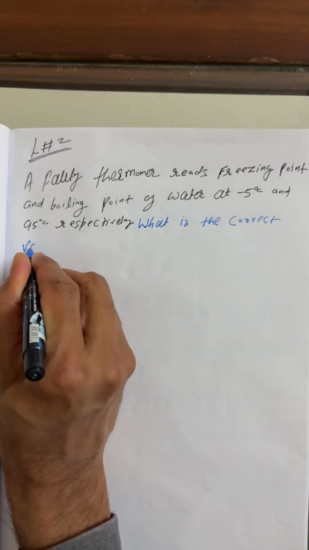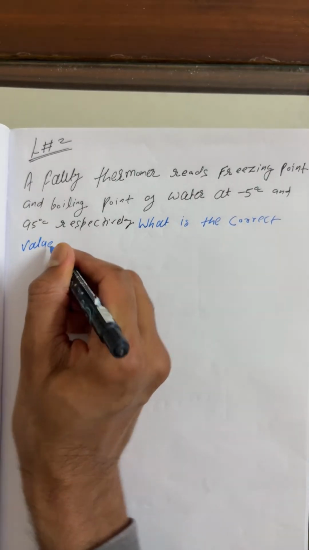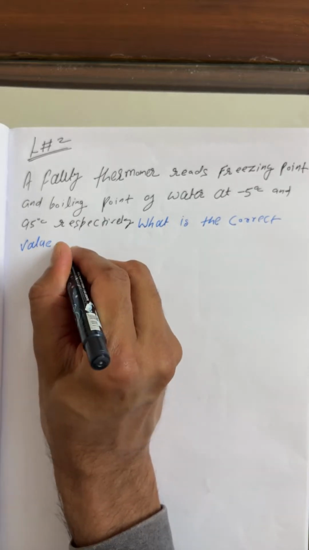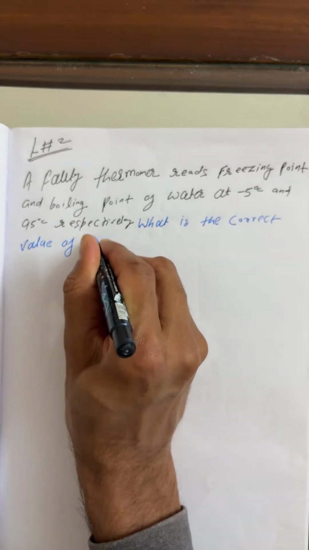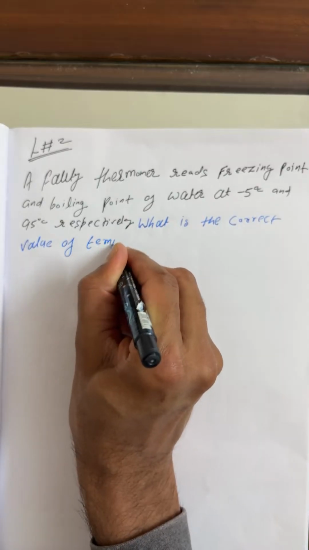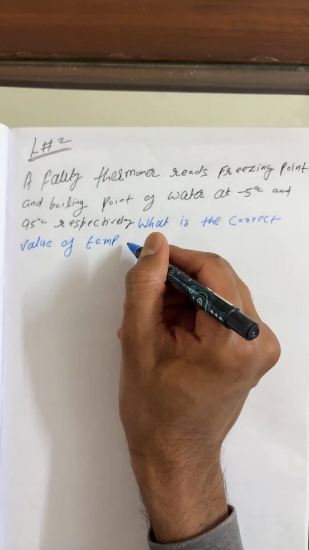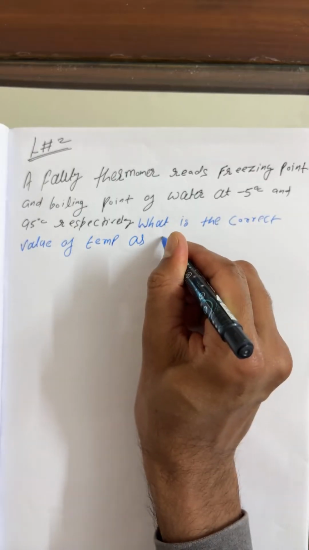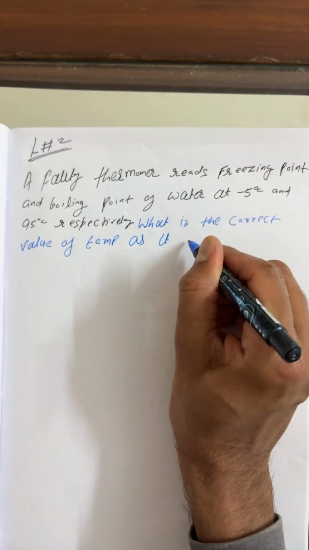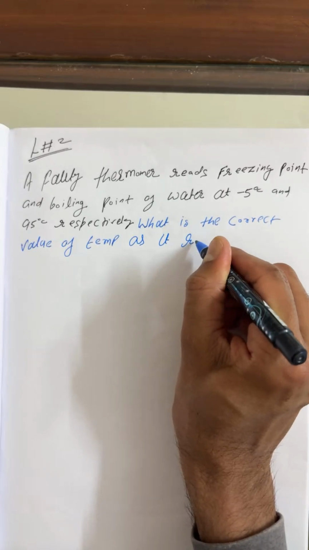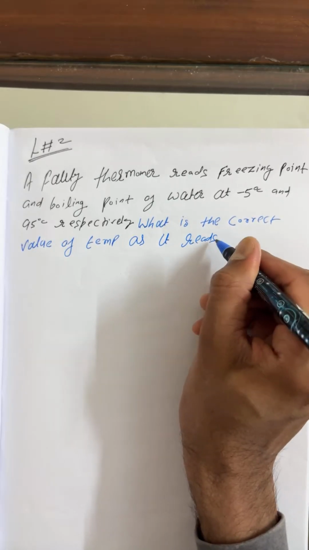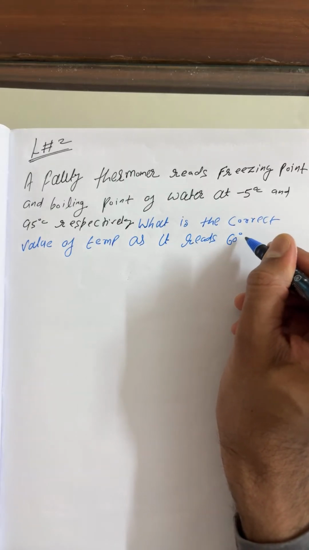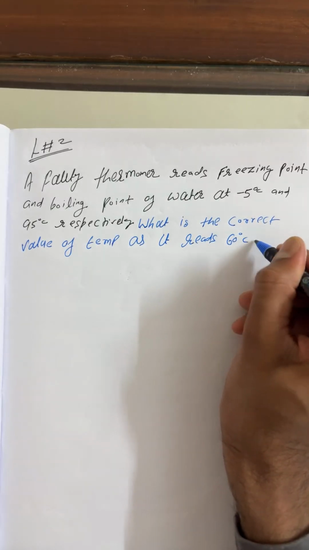What is the correct value of temperature as it reads 60 degrees Celsius?